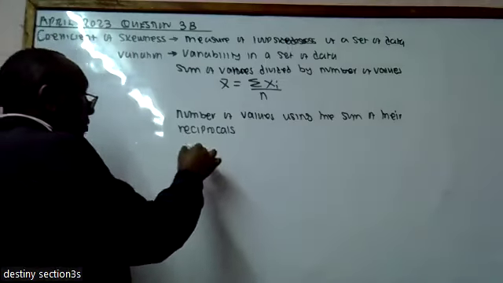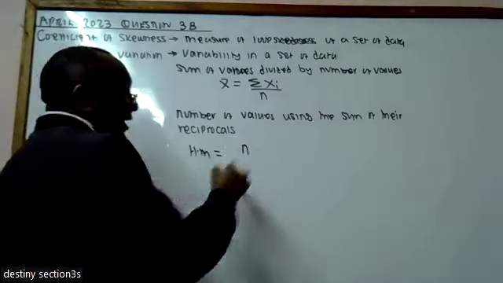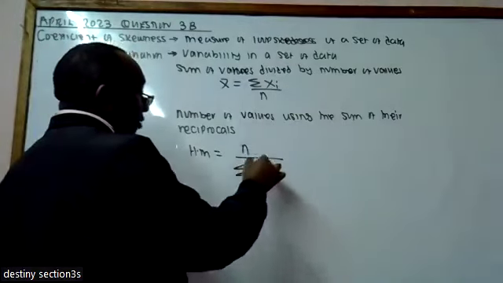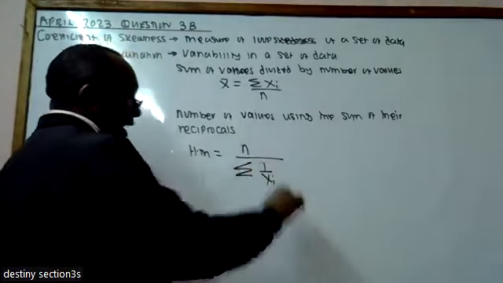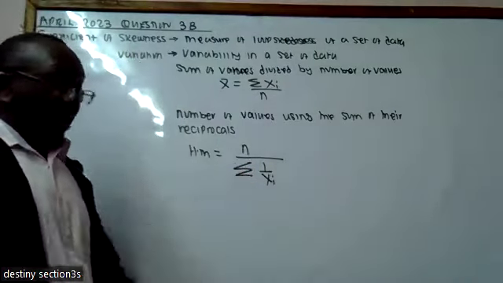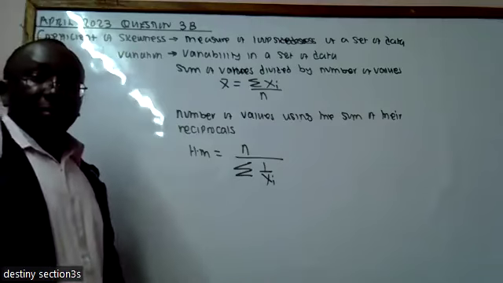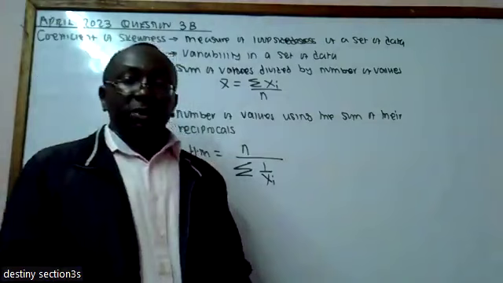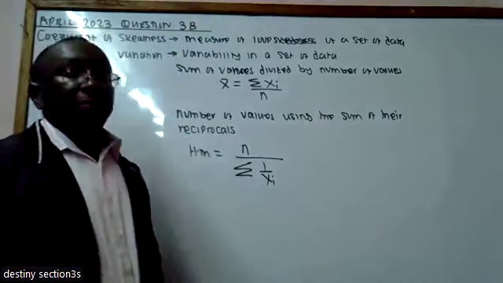So we say the harmonic mean is n, that is the number of values, divided by the sum of 1 over xi. So you get the number here, you divide by the sum of their reciprocals. That is how you are supposed to respond to that kind of scenario.